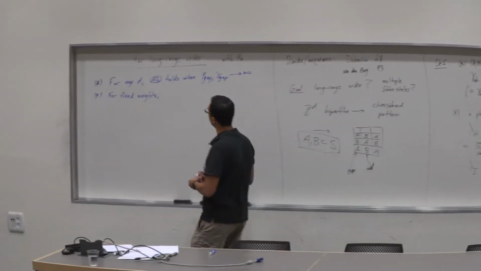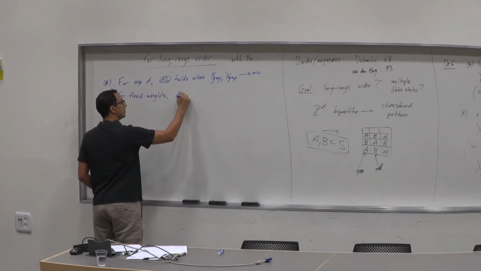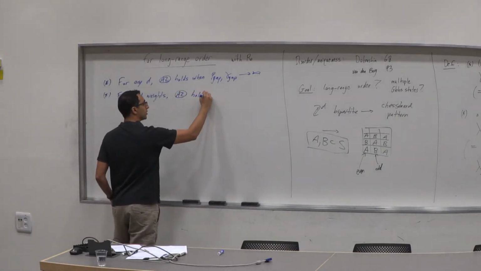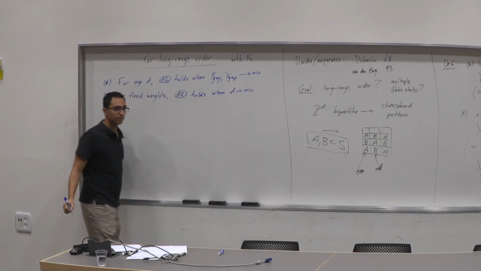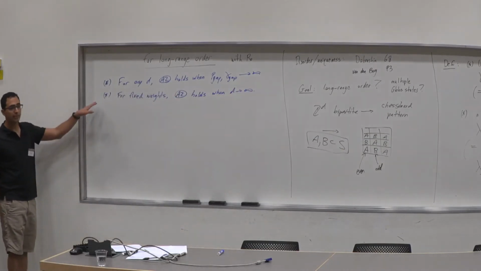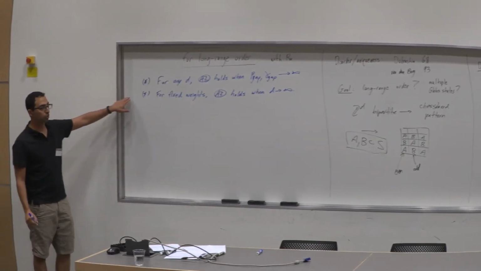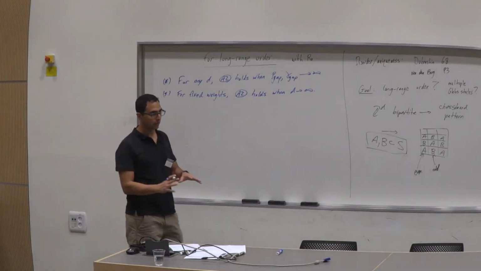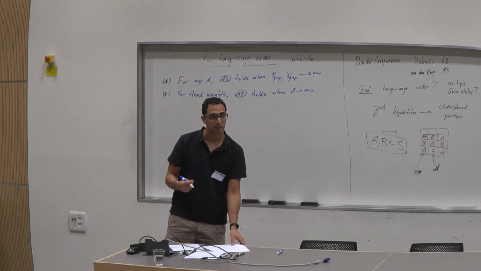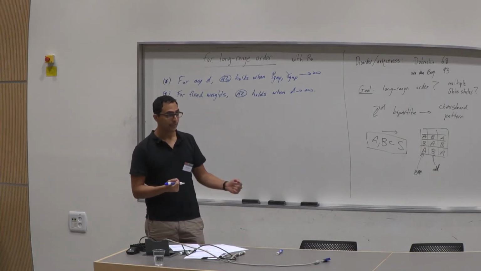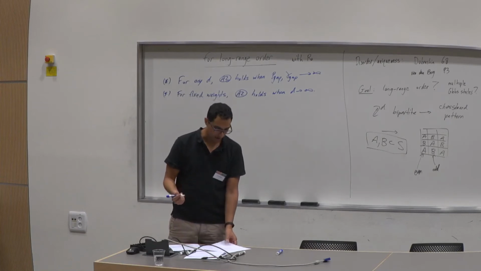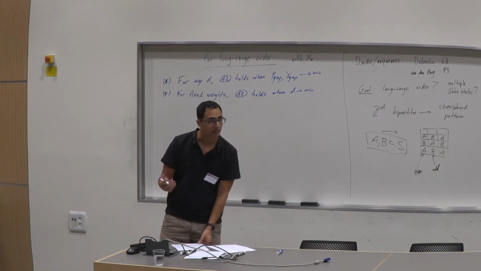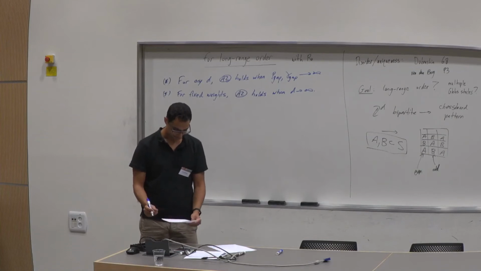So for fixed weights, no matter what they are, A2 holds when the dimension is sufficiently large. So let me write this as d tends to infinity. And this is the main important new feature, that no matter what the weights are, if the dimension is large, then A2 holds. So we have another extra parameter, the dimension, which a lot of times doesn't come into play, typically at least.